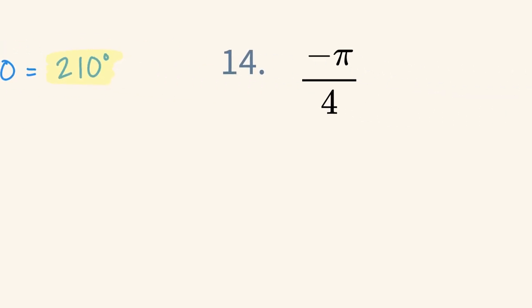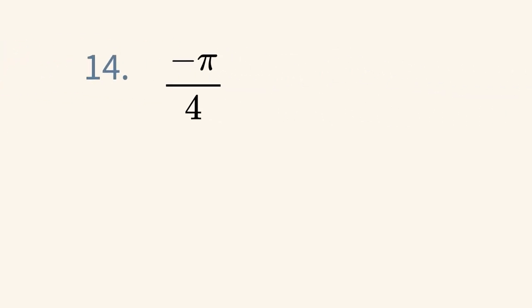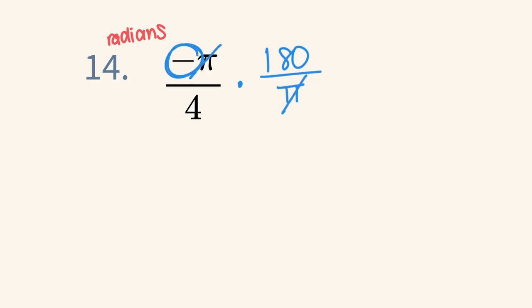Let's go ahead and look at number 14. Is this in degrees or radians? Good. Radians. So what am I multiplying by? 180 over pi. Do not forget that negative sign. What can I cancel out here? I could cancel out my pi's, but don't forget this sign. Can I simplify 4 and 180?